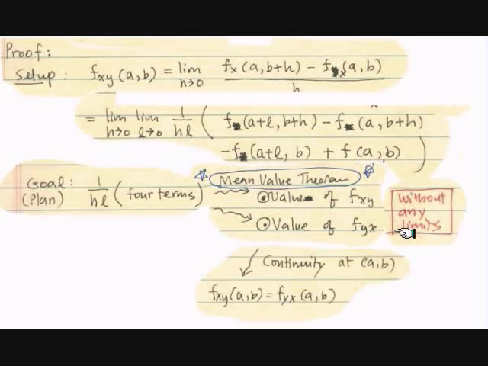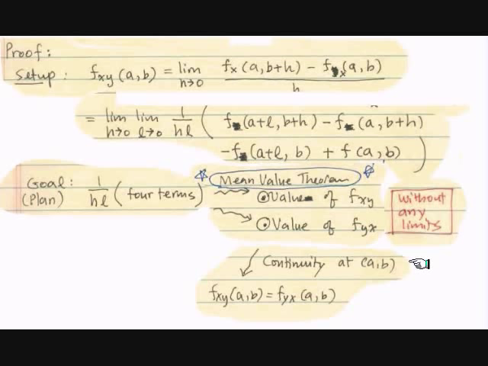Now after that, once you write these two exact quantities in two different forms without using any limit, we're going to use continuity. That was one of the hypotheses, continuity at (a,b), to say that these were the same quantity, and by continuity, if you take the limit, these two things must be equal to each other. So that's a rough plan.